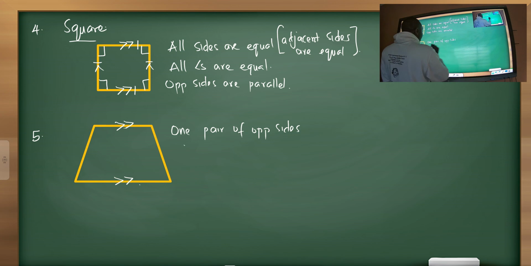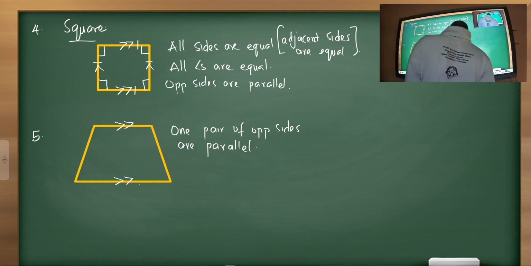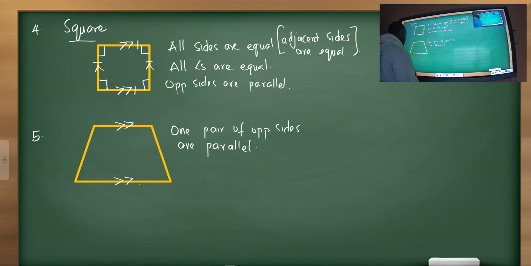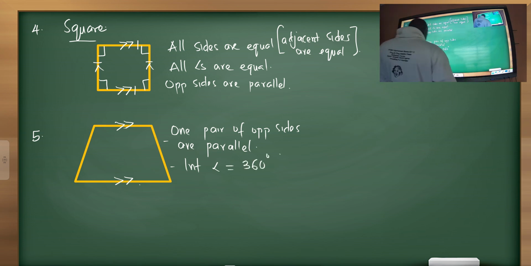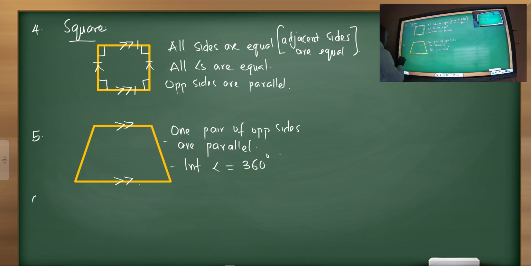Just only one pair here are parallel and they're not even equal. All right, a trapezium is a quadrilateral with one pair of opposite sides parallel. Again, the interior angles would add up to what? 360. All the quadrilaterals, interior angles are equal to 360. So one pair of sides are parallel. They are not equal.